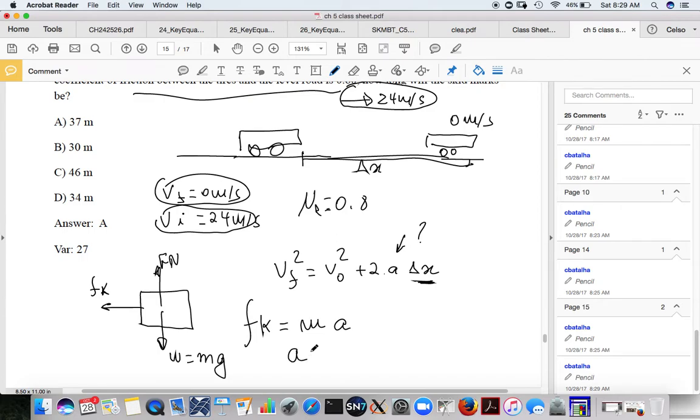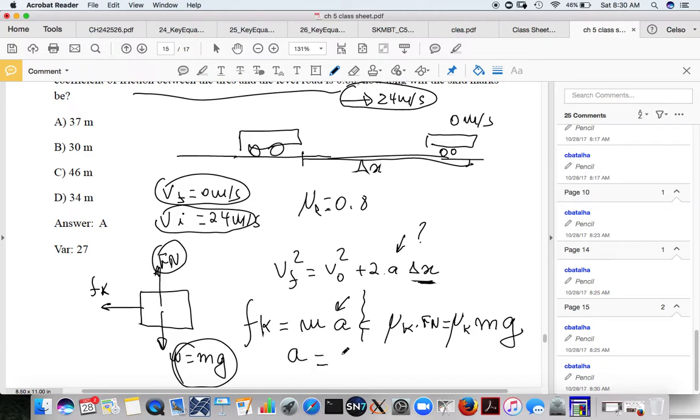And the friction force is equal to the coefficient of kinetic friction times the normal. Normal force in this case matches mg. So that you can find acceleration from here.